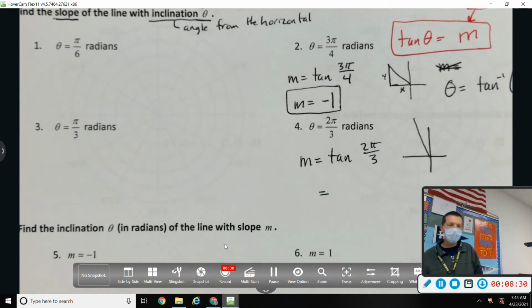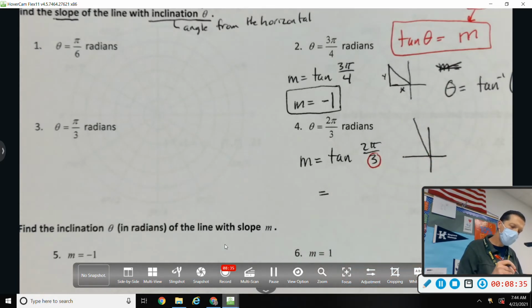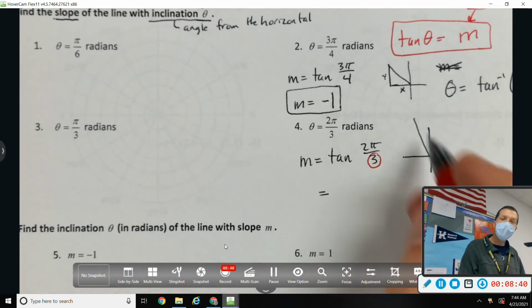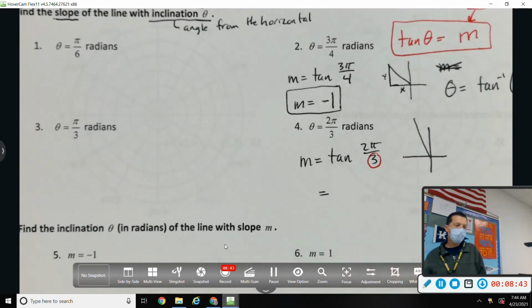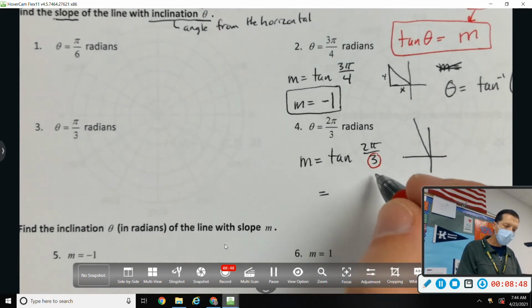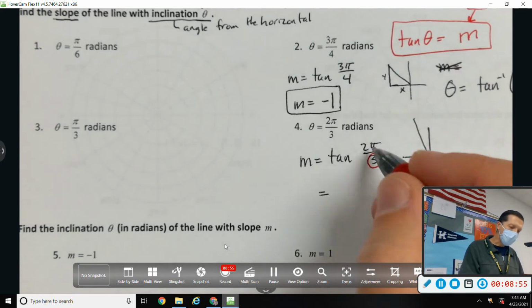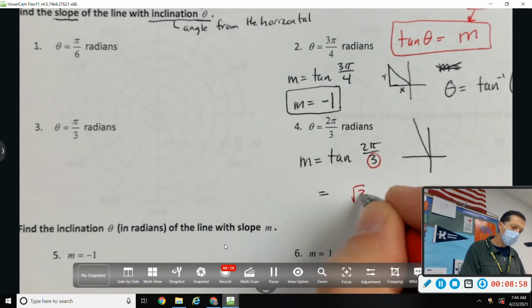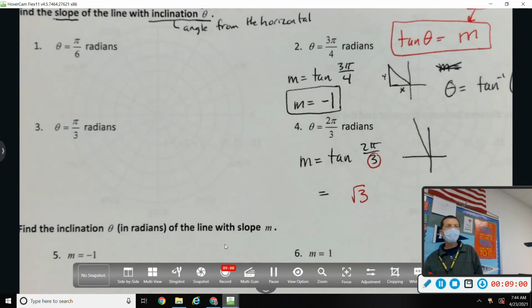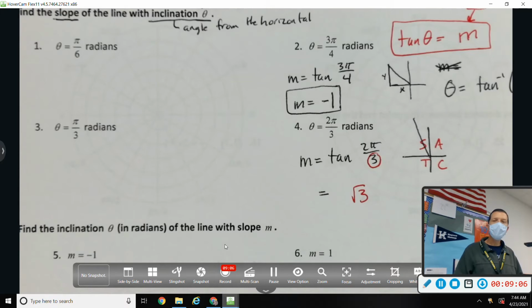If there's a 3 in the bottom... Yes, it is a steep angle. And the 3 trick, so all the tangents are either 1, square root of 3, or root 3 over 3. But the 3 trick is, if it's over 3, that means there's only 1 3 in the answer. Square root of 3. Now, is it positive or negative? Negative. In the second quadrant, it would be negative.